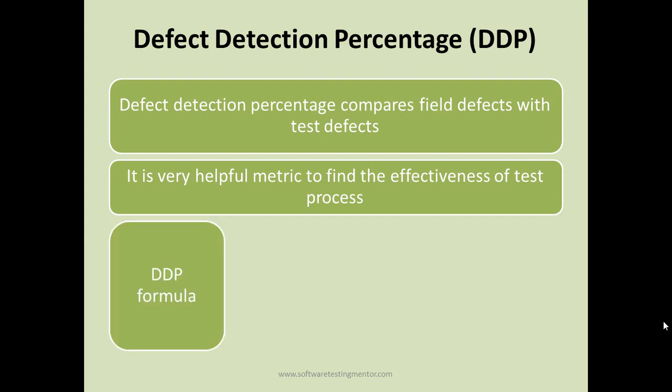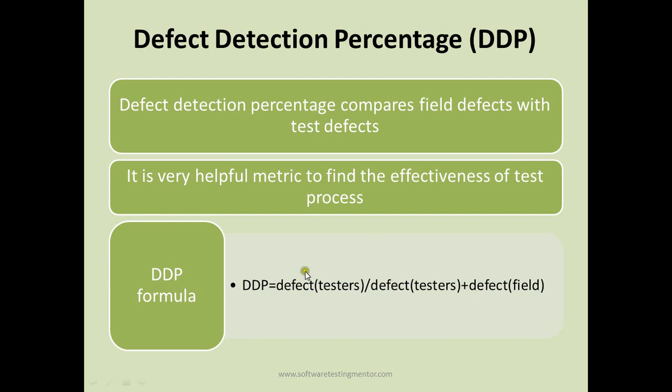Now the DDP formula, how to calculate defect detection percentage. DDP is equal to defects found by the testers during the test process divided by defects found by the testers during the test process plus defects found in the production environment, in the field after the software is deployed.